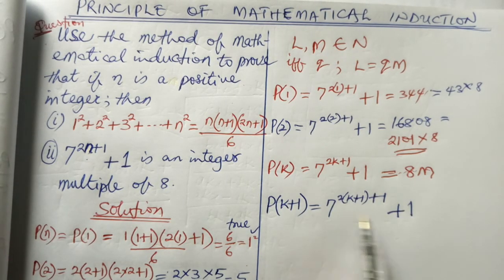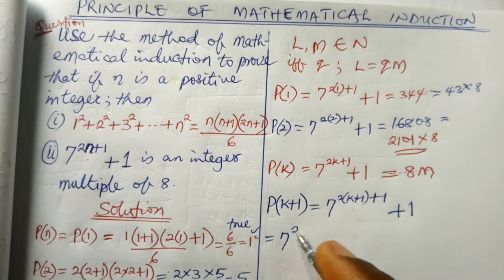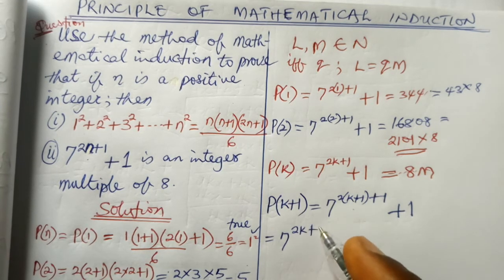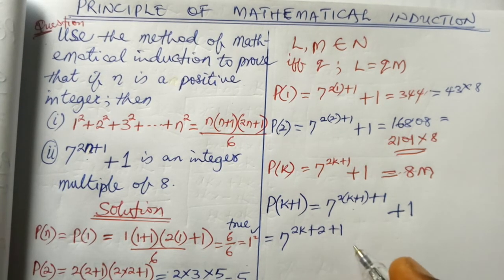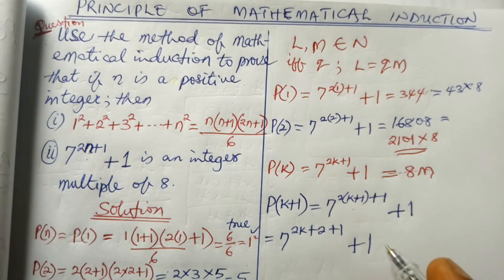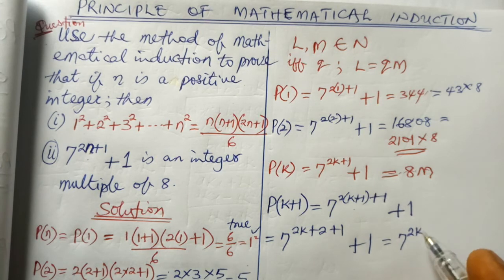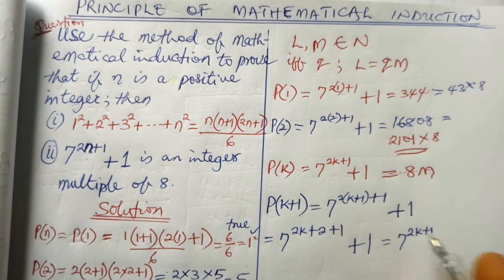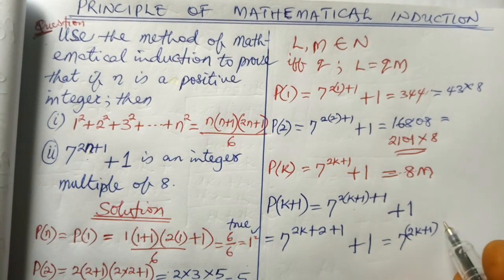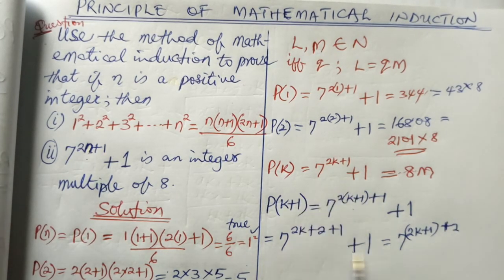So if we open it up, we have 7 raised to 2k plus 2 plus 1, plus 1. But we can arrange it to look like what we have before, 2k plus 1, plus 2, plus 1, so that it looks like this one.